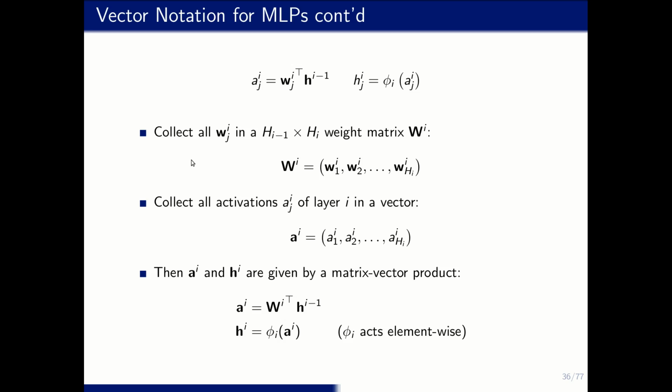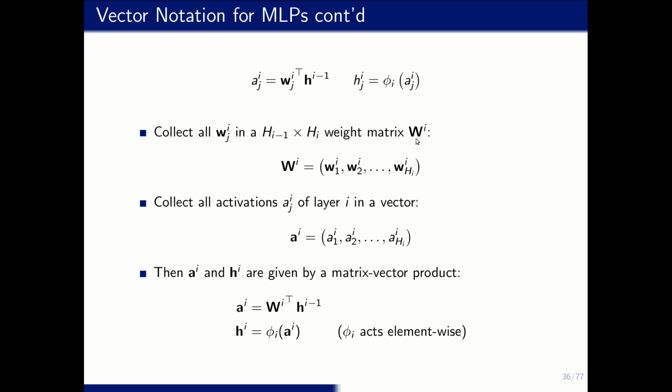So now we can go further. So we have first packed all the weights for the ith layer and jth unit into a vector, but we can now take all these vectors and pack them into a matrix. So we pack them now into an h_{i-1} times h_i matrix. So this is the number of hidden units in the previous layer. This is the number of units in the current layer.